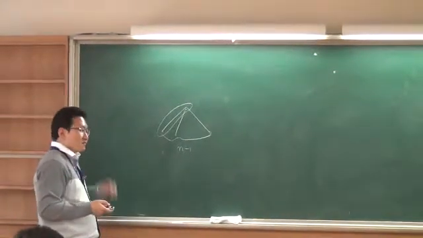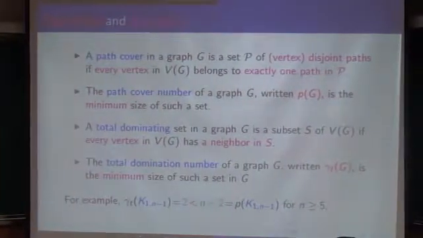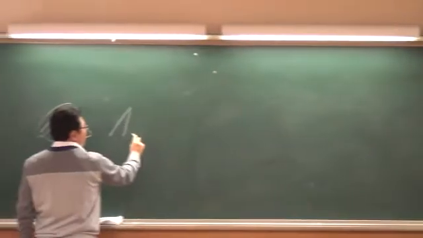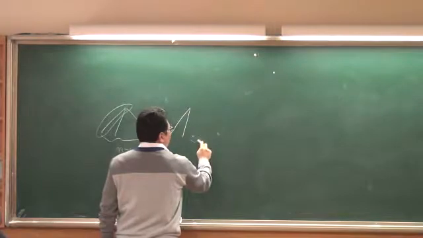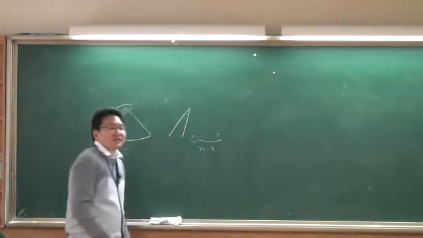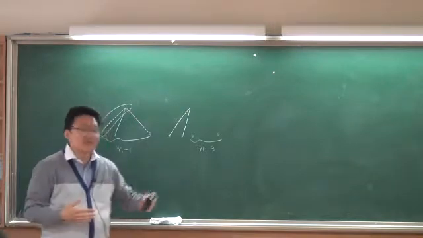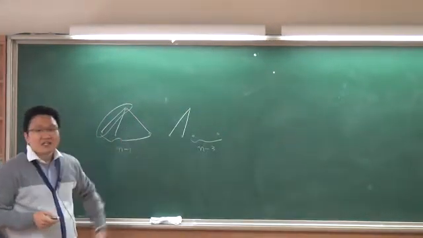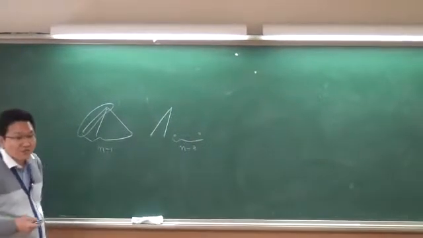And the Pascal number of a star: by considering a path cover consisting of this path and those n minus 3 singleton paths, the Pascal number of the star is at most n minus 2.